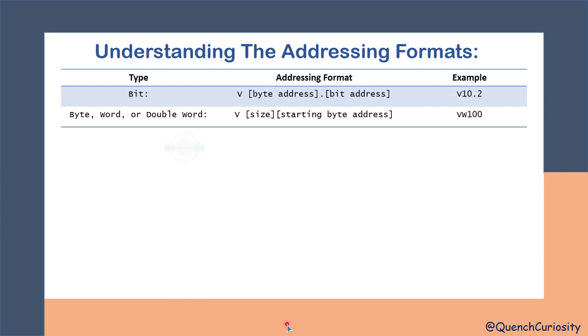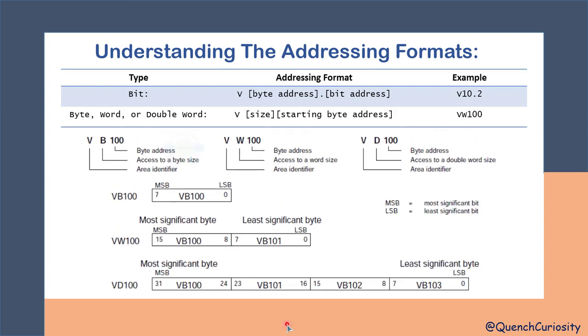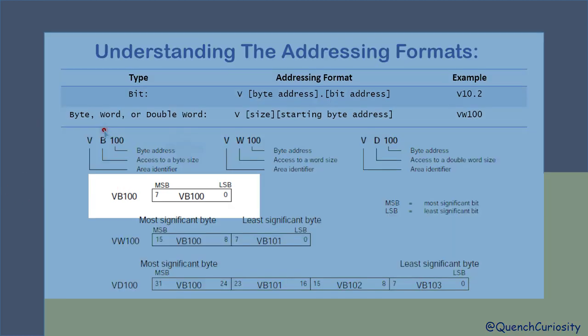As I was telling you in previous slide, how the addressing format works, here allow me to show you one example. Suppose for variable memory addressing V, I am using VB100. Then from the image you can see, VB100 is nothing but byte. B is byte, that is my size.